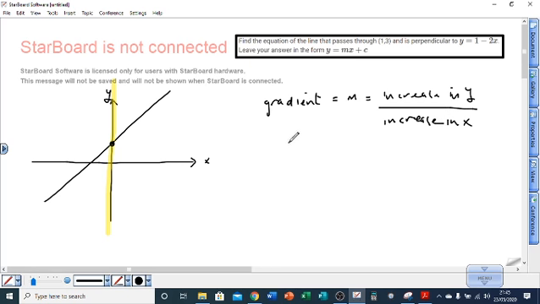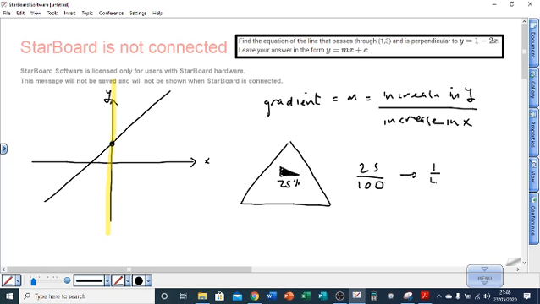When you're in a parent's car and you see these signs, a red triangle with a little wedge, and it's a warning that might say something like 25%, what that actually means is there's a hill going up or going down. It's basically a gradient. And 25% as a fraction is 25 over 100, which you should know cancels down to 1 over 4.